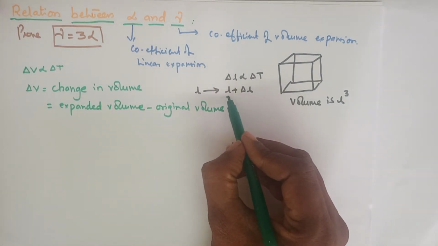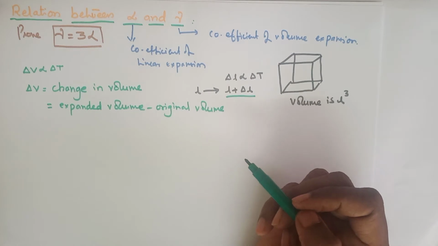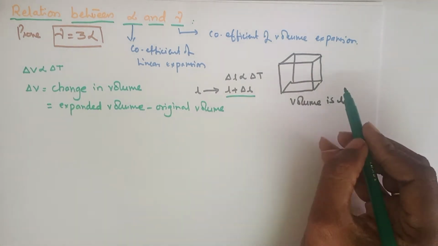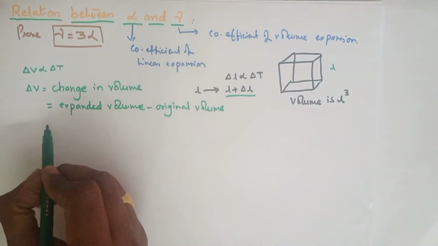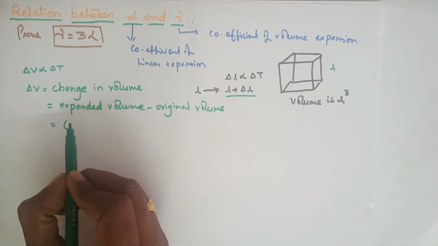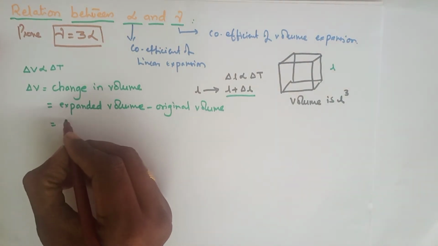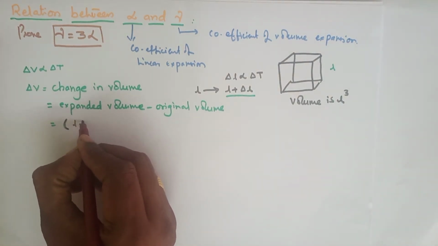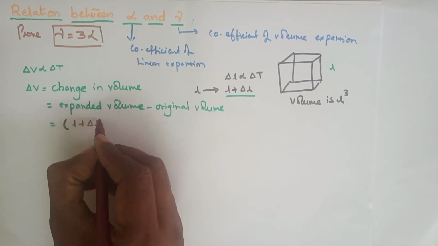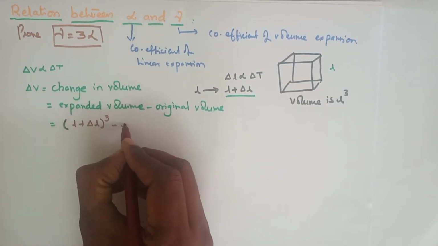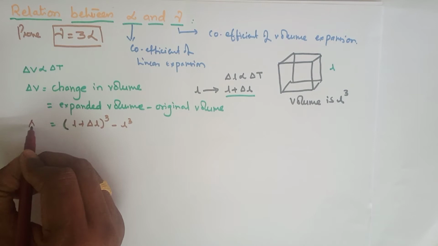What is the expanded length? L plus delta L. What is the original length? L. So the expanded length cubed becomes the expanded volume, minus the original volume, gives delta V.